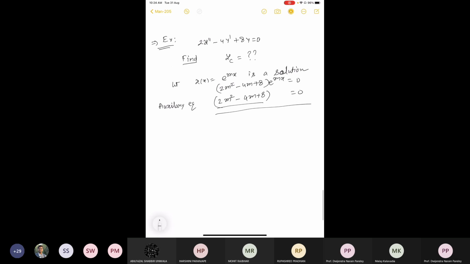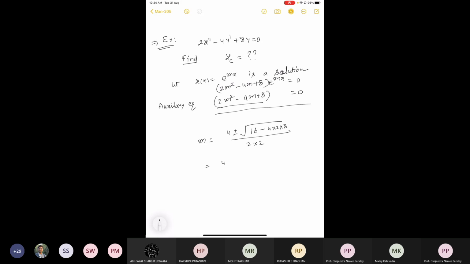Once we have the auxiliary equation, we want to find its roots. What are the roots here? m equals 4 plus minus the square root of 16 minus 4 into 2 into 8, divided by 2 into 2.